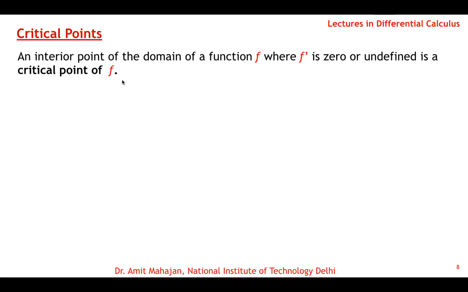Okay, so we call all those x values of the domain critical points where the derivative is 0 or the derivative is undefined. Okay, and then we can utilize these points to find whether there is any point of local minima or local maxima at these points or not.